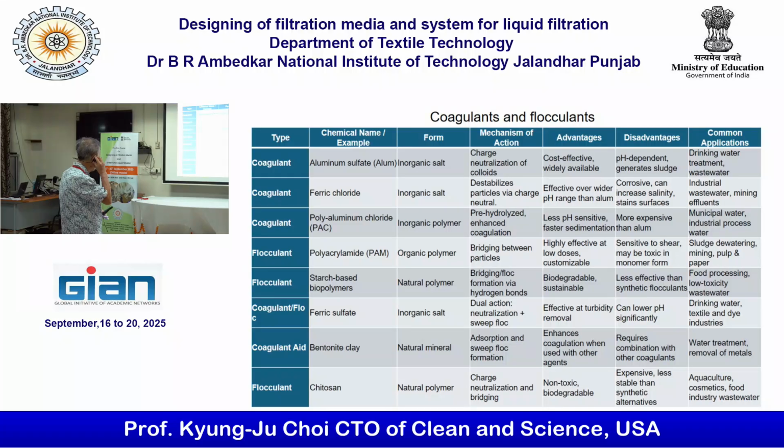So one of the flocculants, chitosan, that's a natural material, a natural polymer. Currently, chitosan is quite popular because it's a natural polymer. So for sustainable material, we always talk about chitosan.